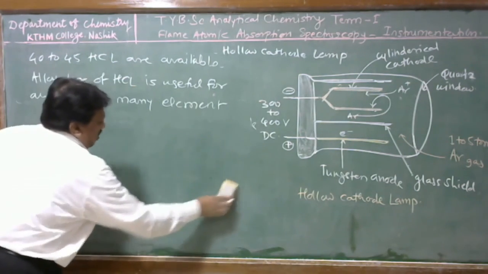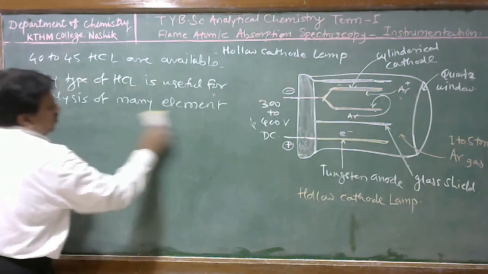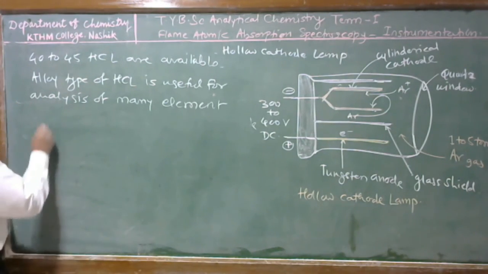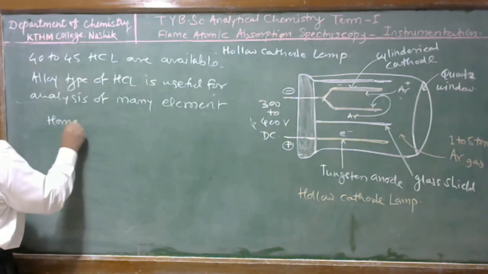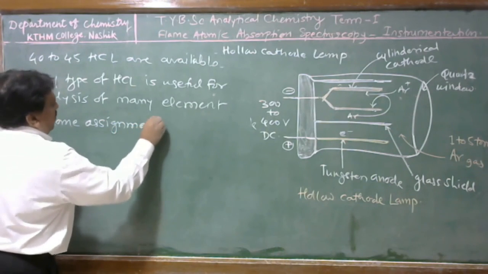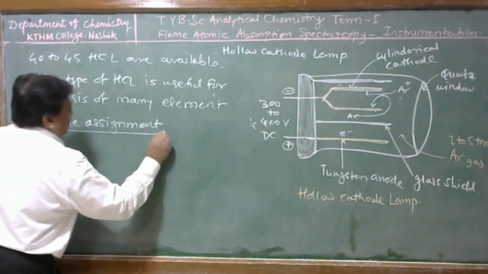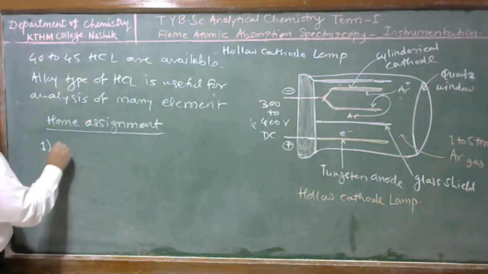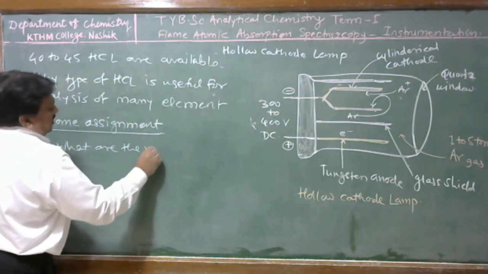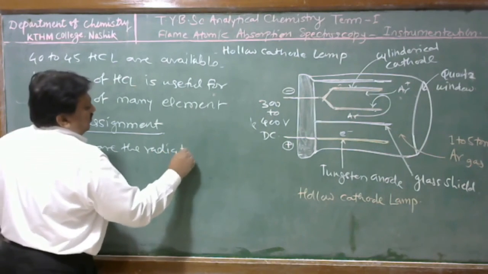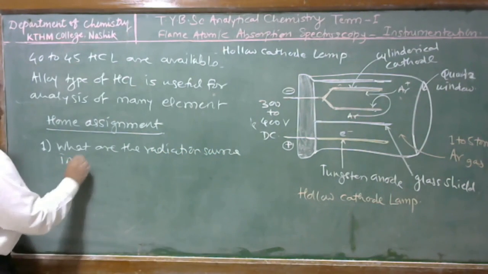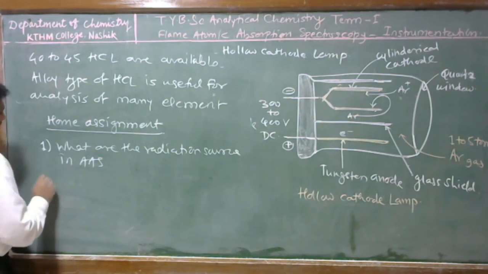Student, this is all about the different types of source used in atomic absorption spectroscopy. With today's discussion, you can find the answers to the following questions. Number 1, what are the radiation sources in atomic absorption spectroscopy?